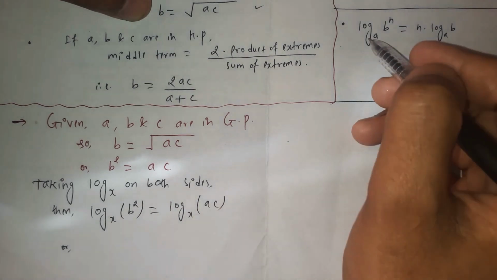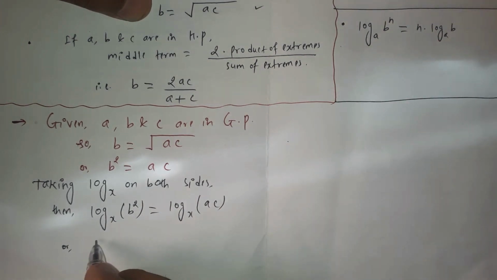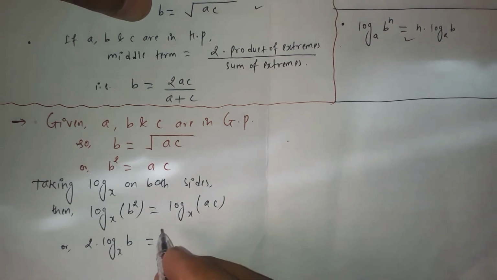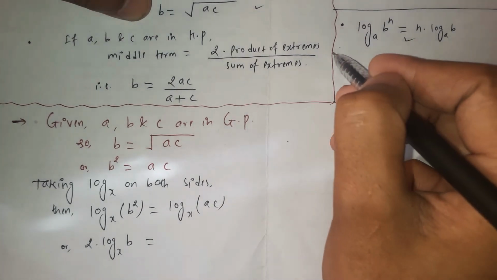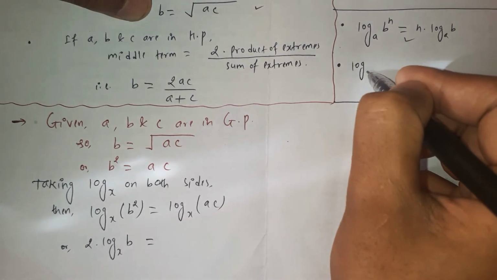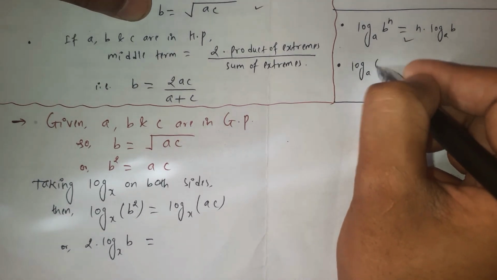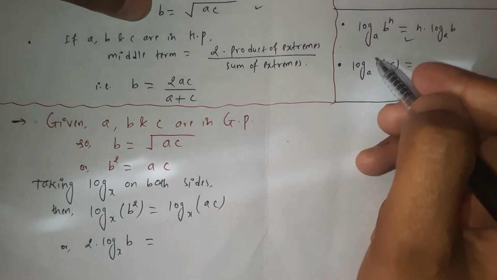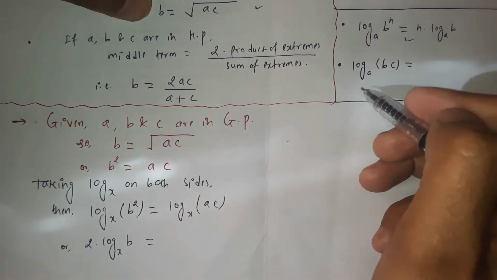So applying this formula on the left hand side of these equations, this power will come out: 2 times log with base x of number b. Here we just used this formula on the left hand side, and here is another formula. Please remember the next formula on the logarithm. Log with any base a of the number b times c, the product of the numbers, is called the product formula.